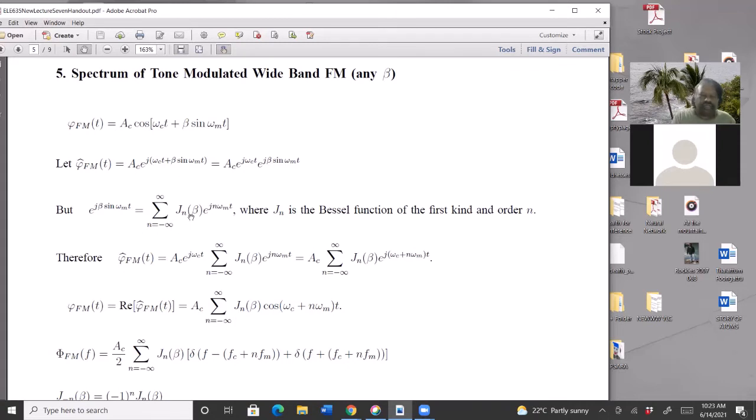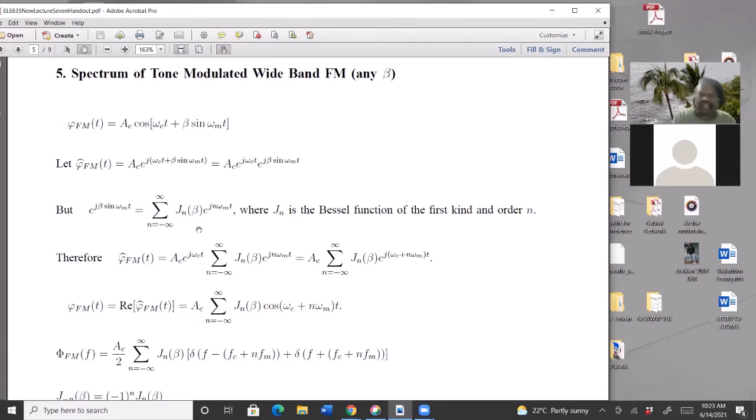This is exponential Fourier series, not trigonometric Fourier series. The frequencies, if you like, you can write 2 pi f m. But you see the n, it starts at negative infinity and goes up to plus infinity.